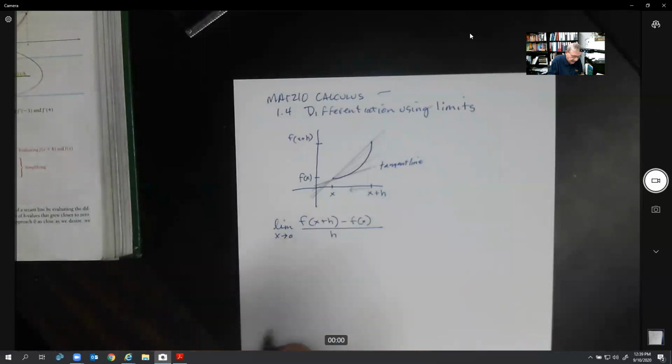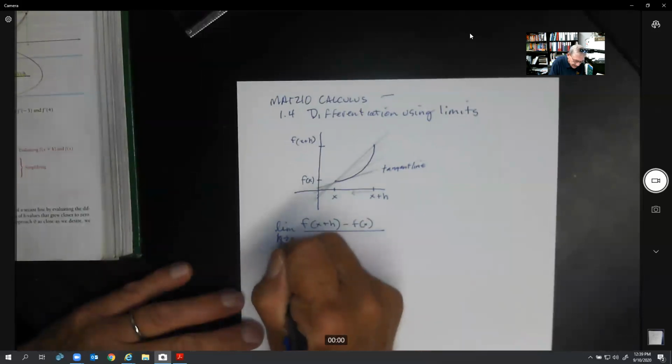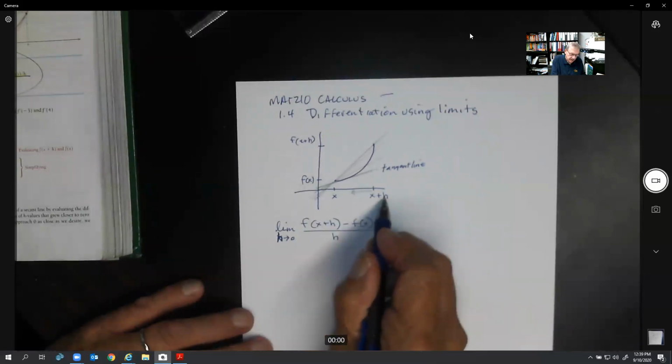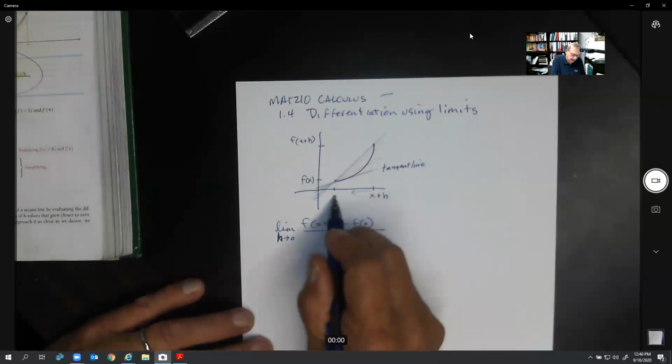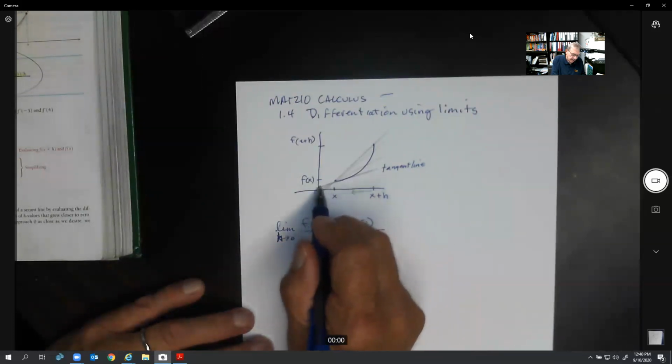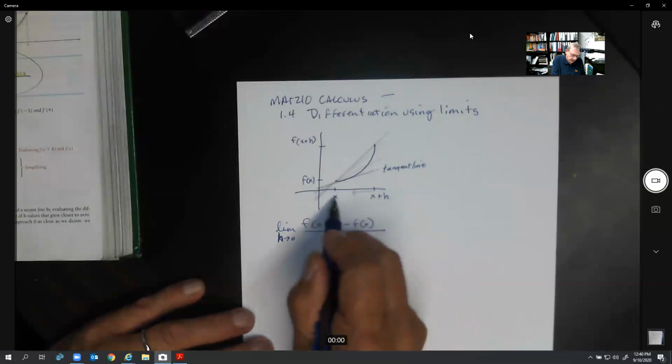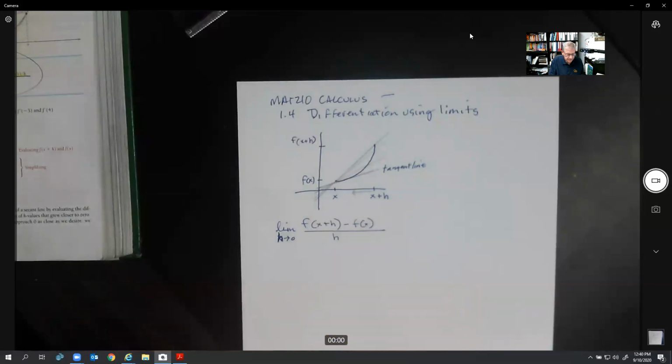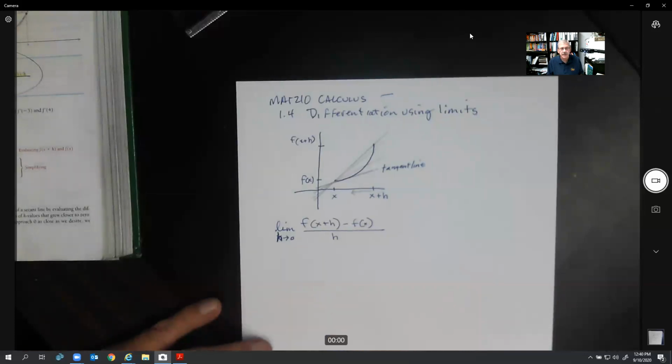Not x, sorry, h. I say h becomes 0. And this distance becomes nothing. And once it becomes nothing, the difference between these gets so small, it approaches 0. We didn't say it equals 0, but it approaches 0. For all intents, we could say it equals 0.